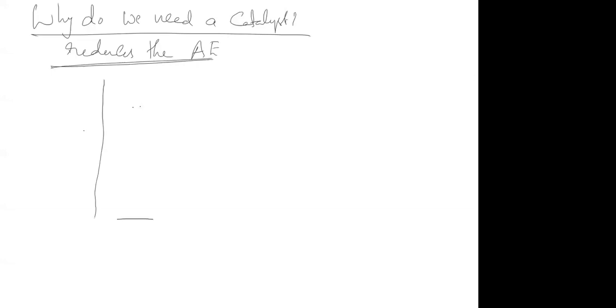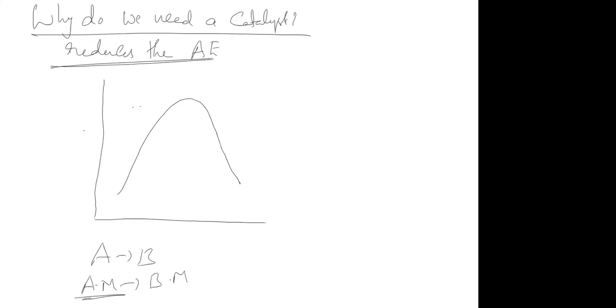Suppose I have A gives B. When you have a catalyst, the reaction will not be A gives B directly. A adsorbs onto the surface. Now the A molecule sitting on the surface has a totally different picture, and this A·M gives B·M.